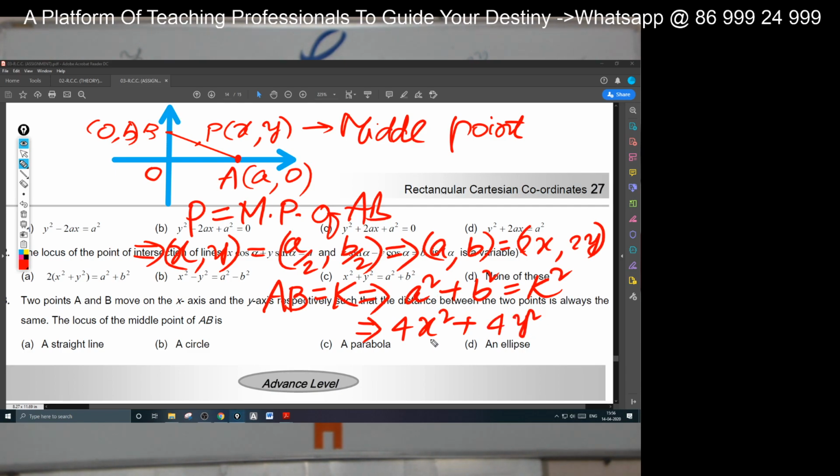What is a? 2x. What is a square? 4x square. What is b? 2y. What is b square? 4y square, is equal to k square. His question there is, which geometrical figure does it represent? Answer please. I expect the answer from you.